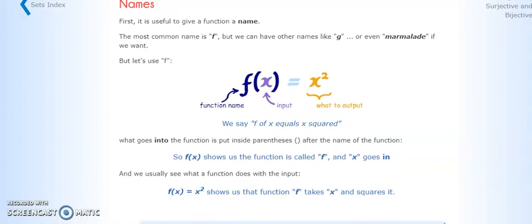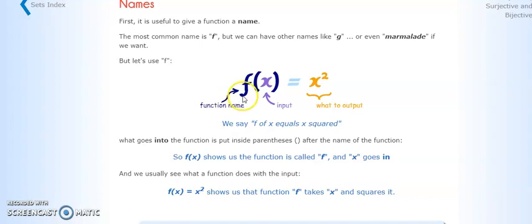Similarly, the name of a function can be other than f also. It can be z, it can be anything. It can be marmalade. Marmalade of x can be anything, we don't care, it's a name only. As we are basically a lazy brand of people, we normally use an alphabet from the English alphabet.